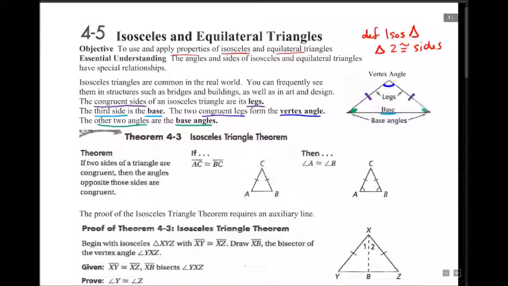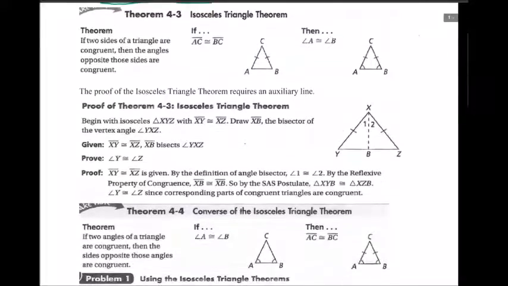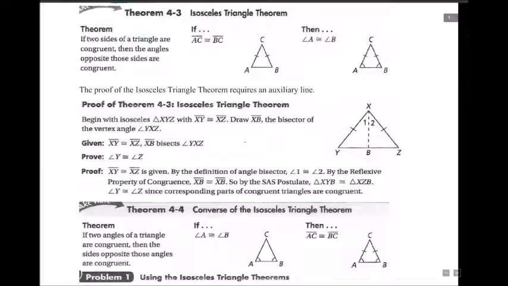This angle here and this angle here are your base angles. So it's really important to know which sides we're talking about when we're discussing triangles. It's important for our theorems. So there's our vocabulary.